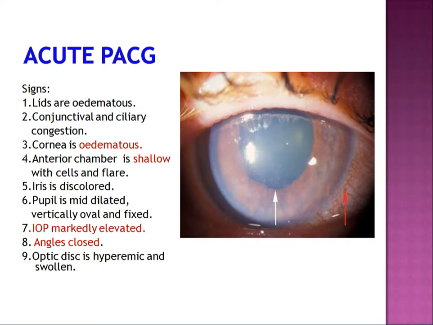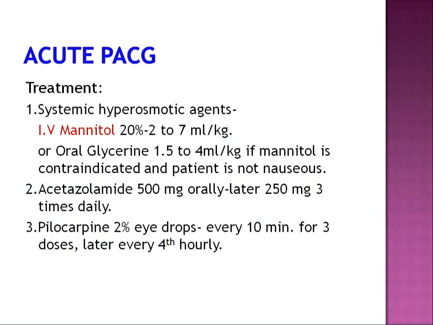The most important treatment here is decreasing the intraocular pressure. First thing you go for is systemic hyperosmotic agents like IV mannitol. This causes a sudden fall in pressure, so the intraocular pressure comes down very rapidly. Mannitol is the thing which we use more commonly because it decreases the volume. It absorbs volume from the spaces, from the vitreous.